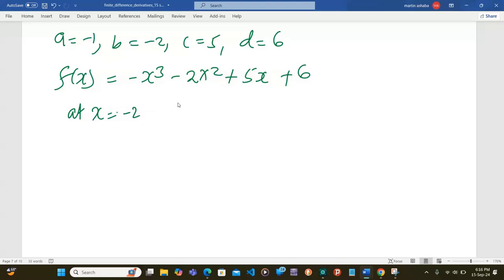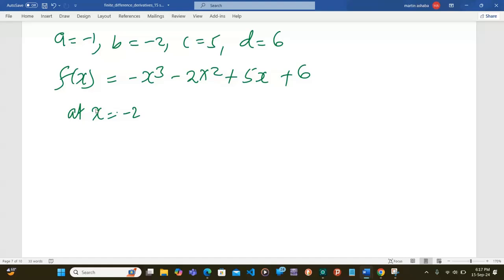Okay, so what does it give us? Let me put it properly. Negative 2 to power 3, then minus 2 times negative 2 squared, plus 5 into negative 2, then plus 6.